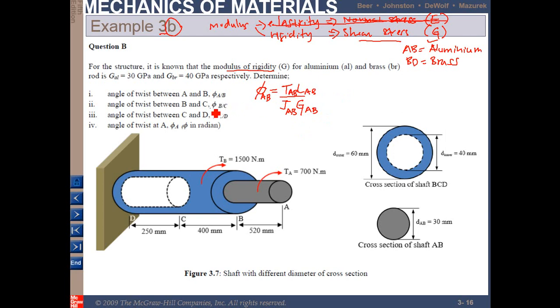Similarly for phi at BC, you have to change to torque at BC, length at BC, J at BC, and G at BC. All the same thing applies for CD.